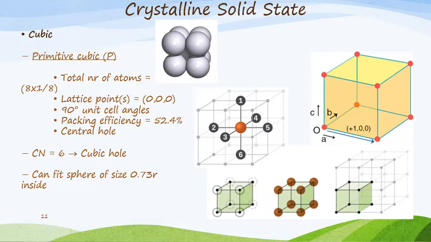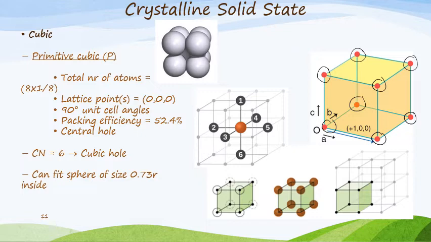Remember, there is a lattice point on each corner, so if we look at this diagram at the top, we've got a lattice point here, here, here, here, here, here, here, and here. There are 8 of them, but they sit on corners, so each one contributes 1/8, so 8 times 1/8 is equal to 1.